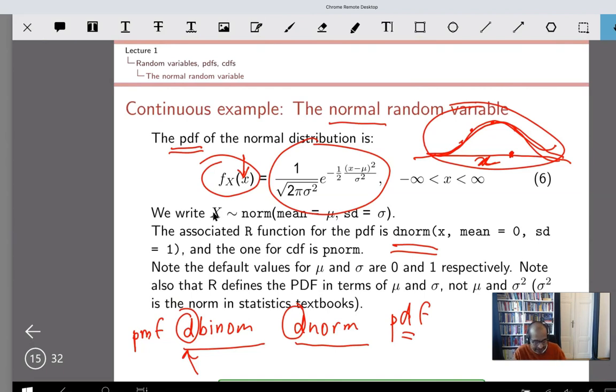And what this probability density function in equation 6 is giving you is what's called the density of each of the possible outcomes. So the purpose of this curve is going to be to allow you to compute the probability of observing some value between some range or the other, and we will do that by calculating the area under the curve.